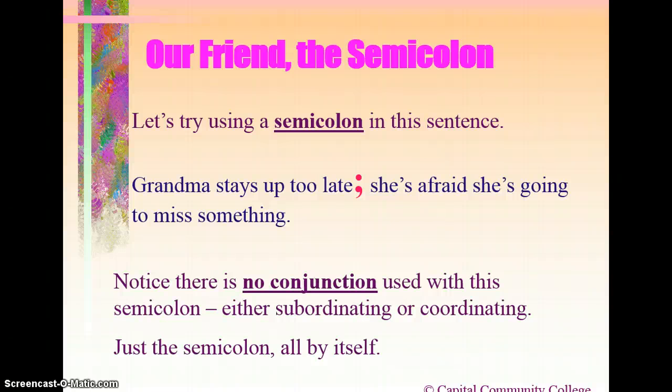No subordinating conjunction, no coordinating conjunction, just the semicolon by itself. The semicolon is connecting these two sentences. It's saying they're related to each other, so we want to connect them, but they're still two independent clauses. That semicolon does the job of the conjunction in combining them into a compound sentence.